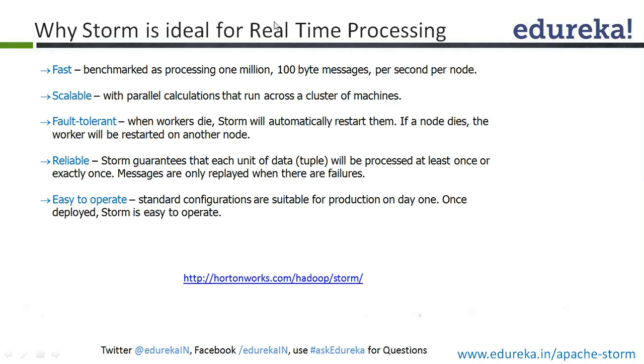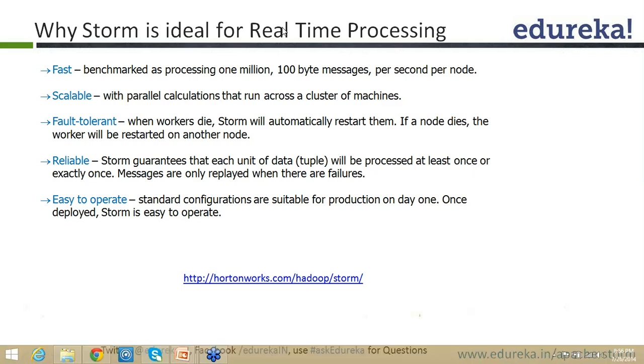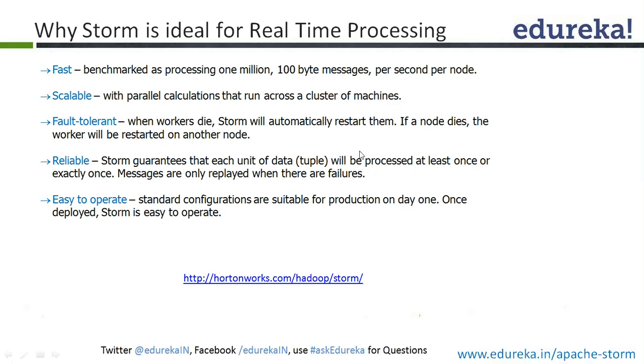So why exactly is Storm ideal for real-time processing? I hinted at the start itself that there are various kinds of players in the market. As I said, Storm is one, Spark is one, Esper is one. There is something called Samza. There are several others which are competitors of it.